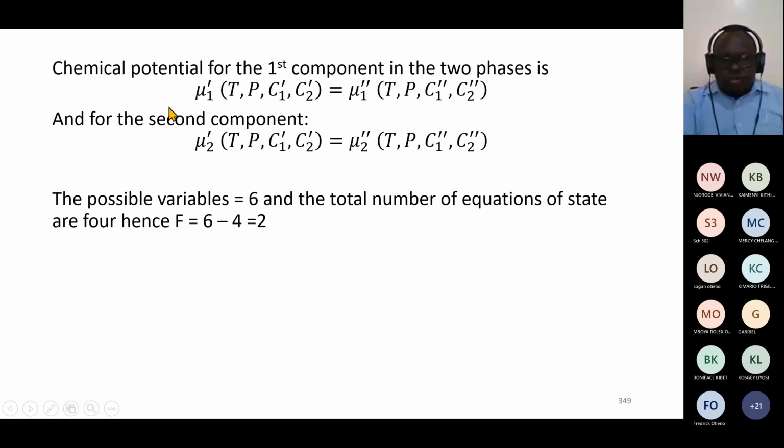The chemical potential of the first component in phase 1 equals the chemical potential of that component in the second phase. And the same can also be written for the second component. So we have 2 chemical potential equations.